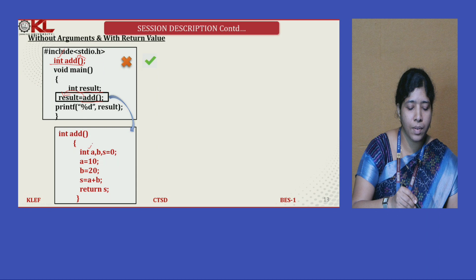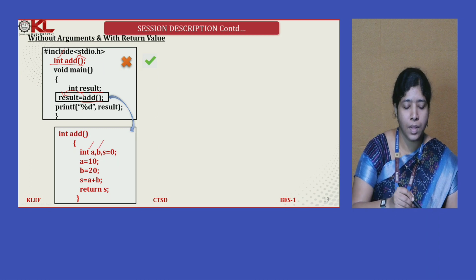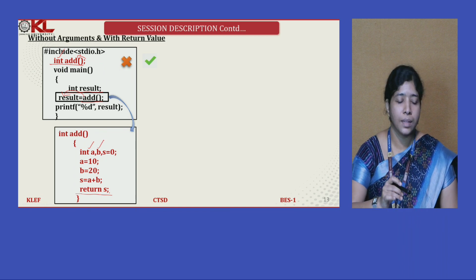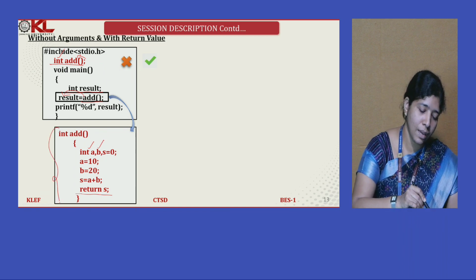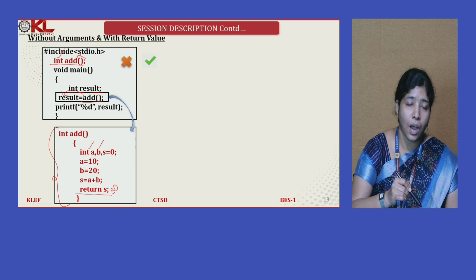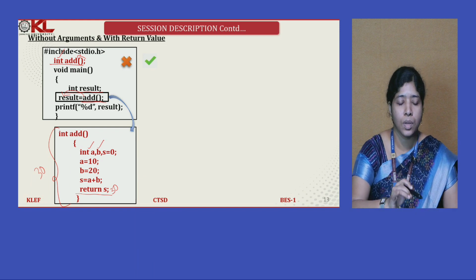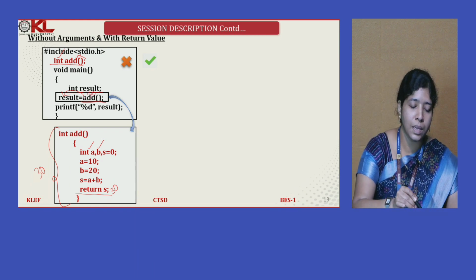So I am declaring two variables here and calculating them. Can you see something written here? That means S is holding a value of 30. The output of this is 30, and the moment the add function is invoked, it has a value of 30.